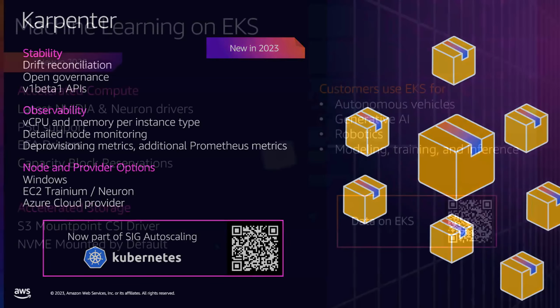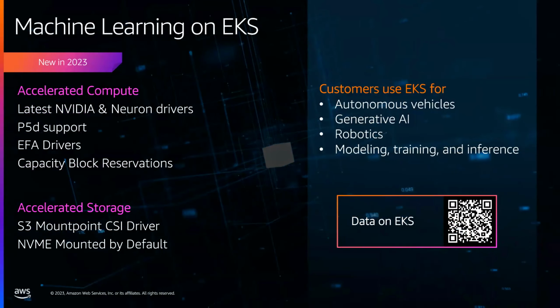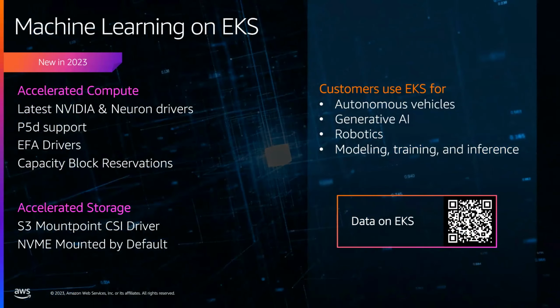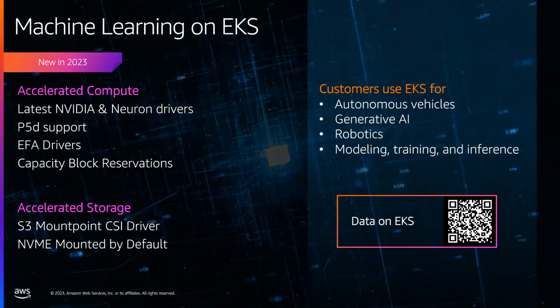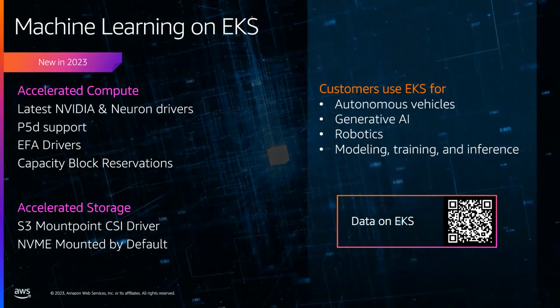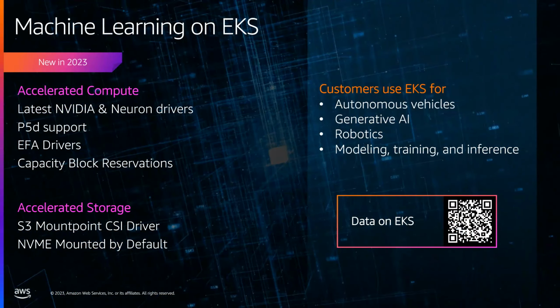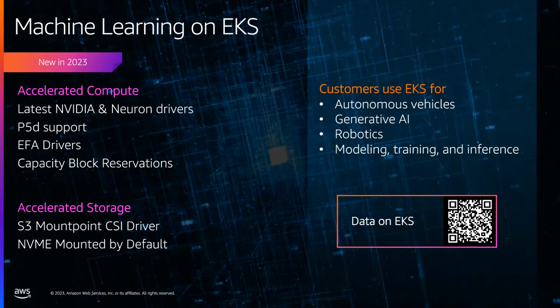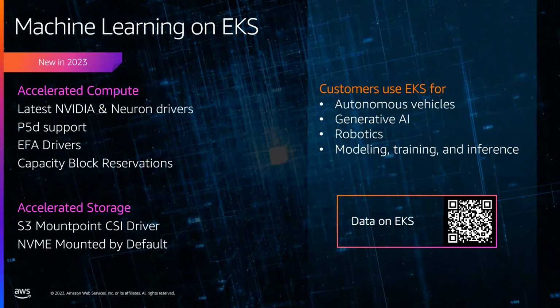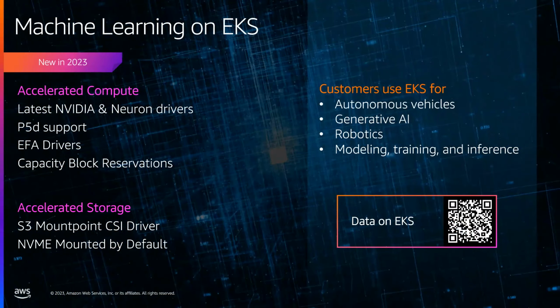Also, machine learning and AI/ML, that's the key thing we want to focus on and make sure we can support the customers. So you can see lots of new features here. Some of them, because when you say accelerated compute, we'll see in the future more and more integration with hardware. So it's very important we can support that feature.